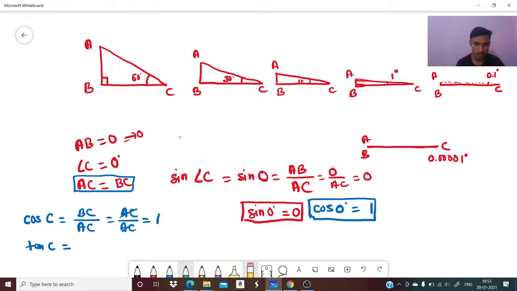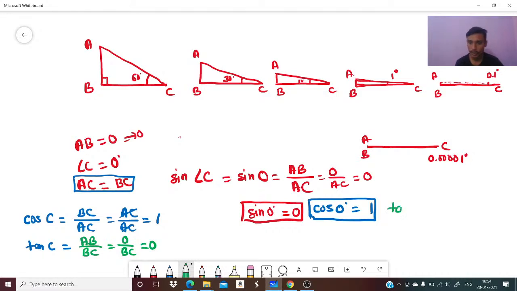So AC by what is, it's BC, right? Again I have made a mistake, that should be AB, sorry for this again. So my tan C will be AB upon BC, right? And again you know that your AB is equal to 0, so 0 upon BC, that means your tan C is equal to 0.